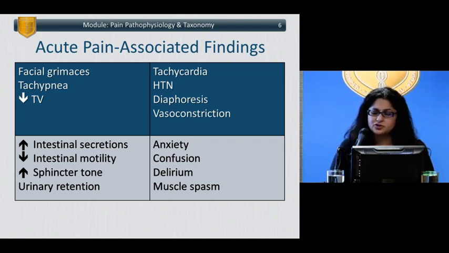It can also be associated with splinting, where we have a fast respiratory rate, or tachypnea, with reduced tidal volumes. Sometimes you can also see facial grimacing. It can be associated with anxiety, confusion, and in some of our elderly population, delirium. There can also be decreased intestinal motility, which can obviously lead to constipation, and also increased sphincter tone, which can result in urinary retention.